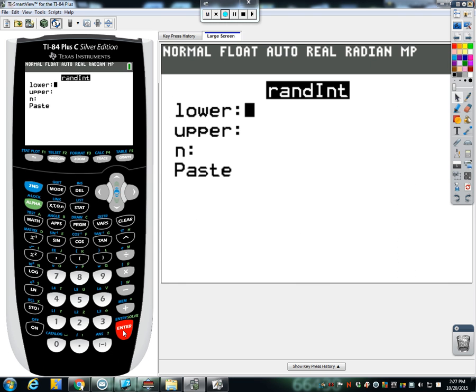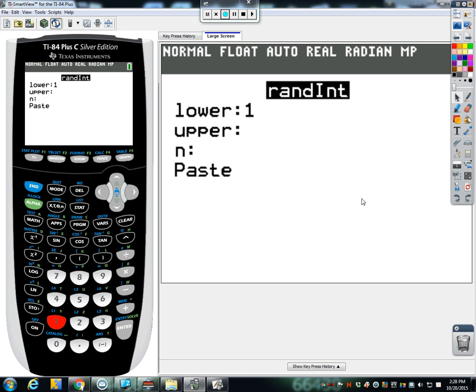So let's select that. Now, one of two things will happen. If you have a newer calculator, like this one is illustrating, it will give you a menu. But if you have an older calculator and your calculator just says randint parenthesis, you're going to need to know the order of the parameters that will do the randint function for you. The lower just means what's the smallest number you want selected.